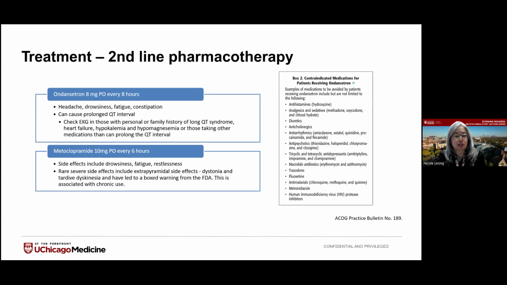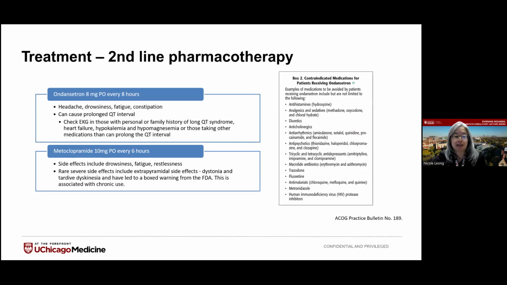One thing we get concerned about with using ondansetron is a resulting prolonged QT interval, causing life-threatening arrhythmias. So if someone has a personal or family history of long QT syndrome, we want to get an EKG first.